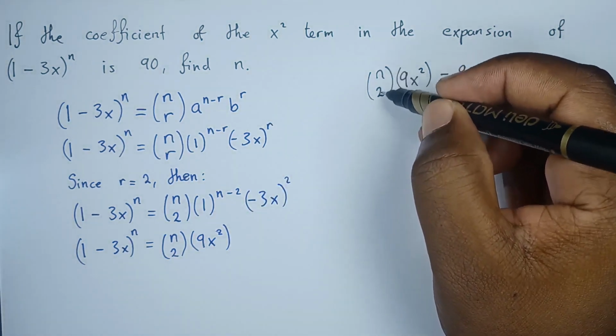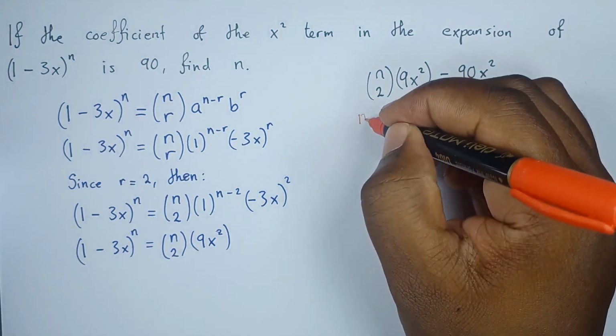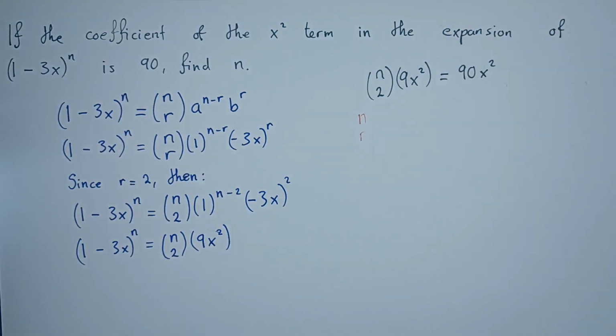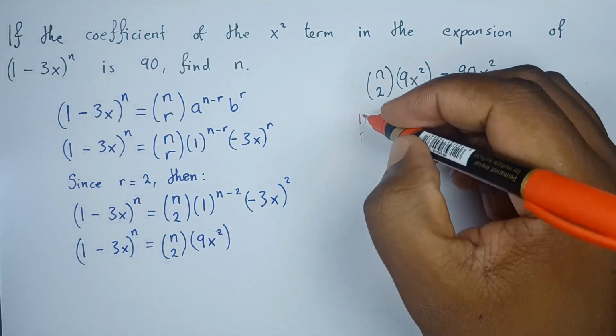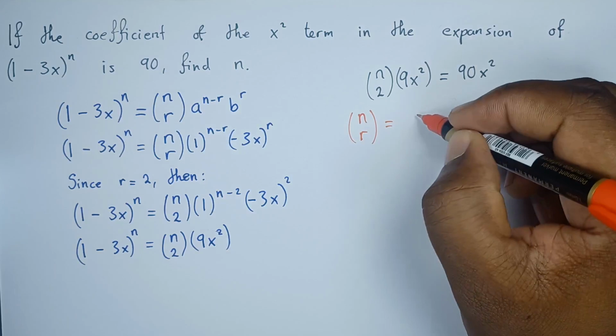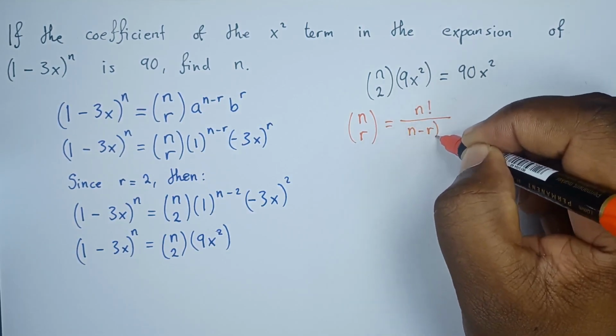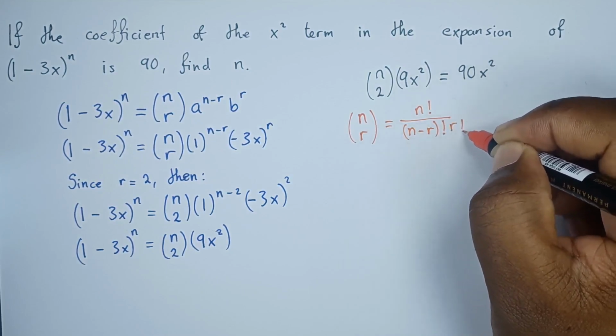Now the combination for this part here. Let me just remind you of how we find a combination using factorials. For the combination n combine r, what we get is n factorial divided by (n minus r) factorial times r factorial.